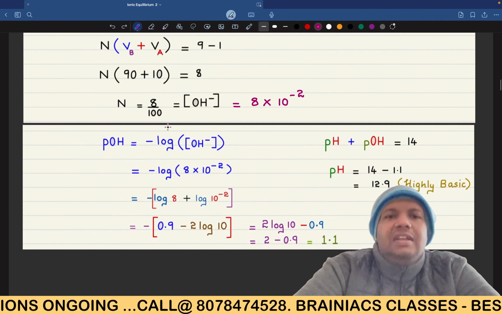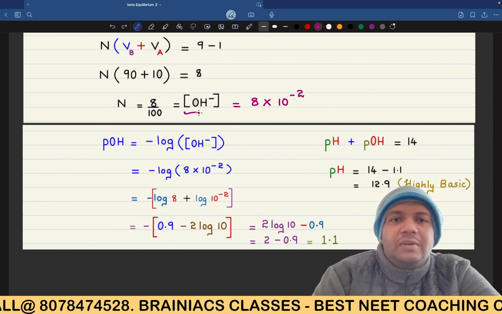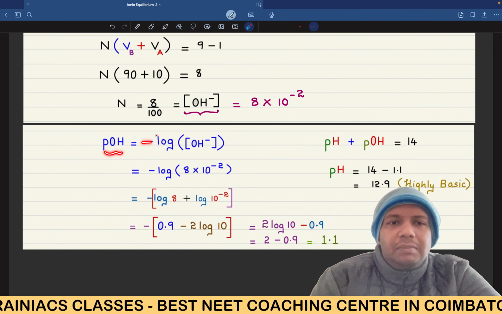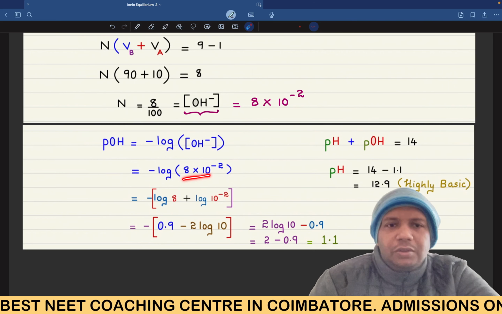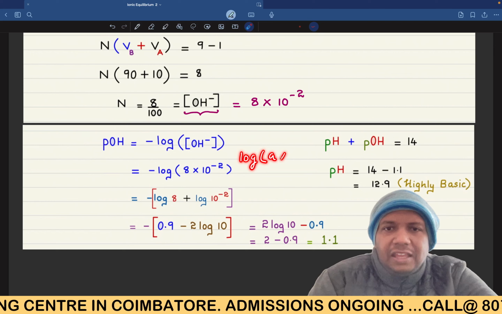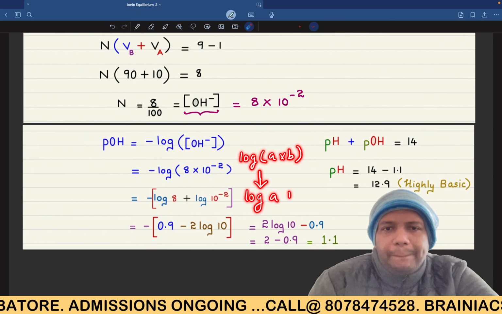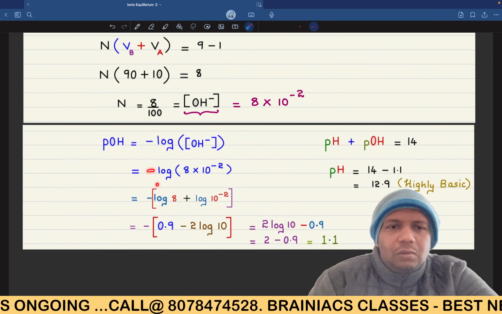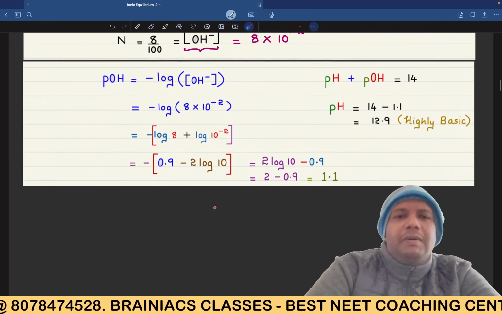Once you get this, the next thing is to calculate the pOH, because you got the OH minus ion concentration. Very, very important. So pOH is nothing but minus log of the OH minus ion concentration. So you substitute this, then you know this is of the format log A into B. What is log A into B? Log A plus log B. So I am taking the minus outside and doing log 8 plus log 10 power minus 2.